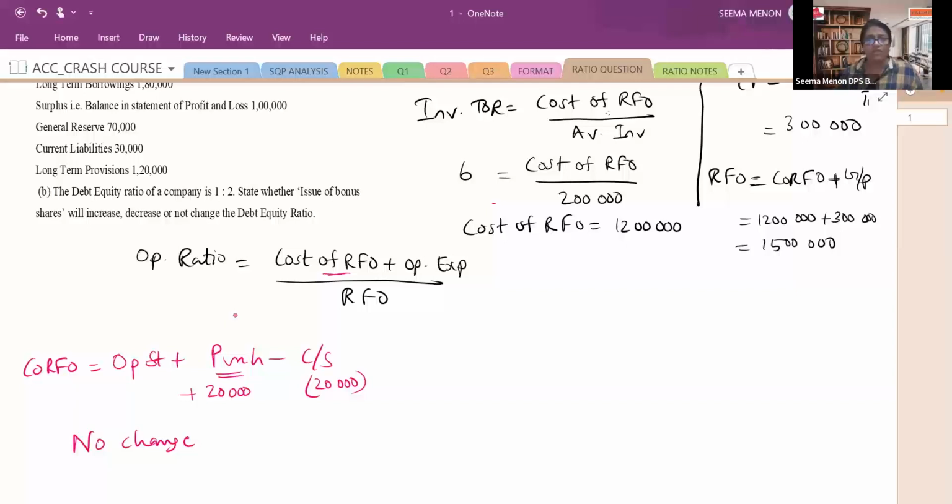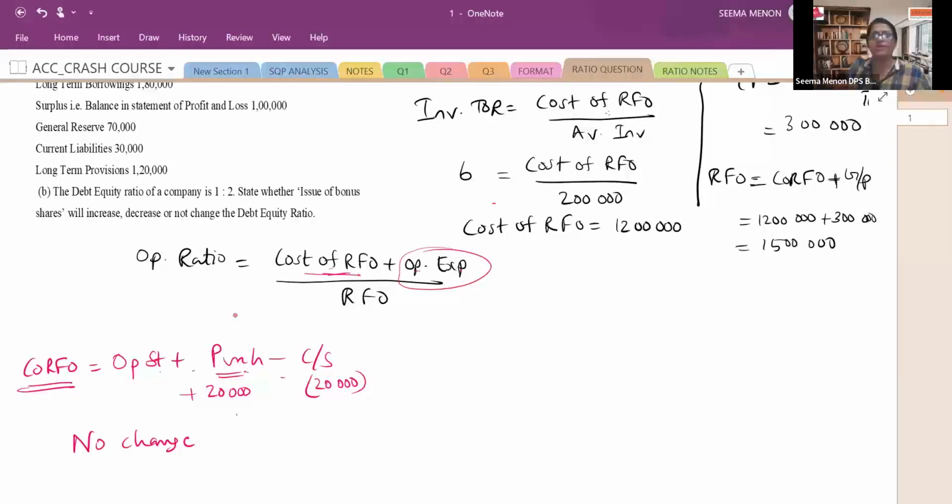The operating ratio formula is cost of revenue from operation plus operating expense. Now, operating expense, no need to take. We are taking cost of revenue from operation, which means opening stock plus purchases minus closing stock. Here I am purchasing the goods, so my purchases will increase by 20,000. At the same time, whatever I purchase will be automatically added into closing stock, because nothing is mentioned about sales.